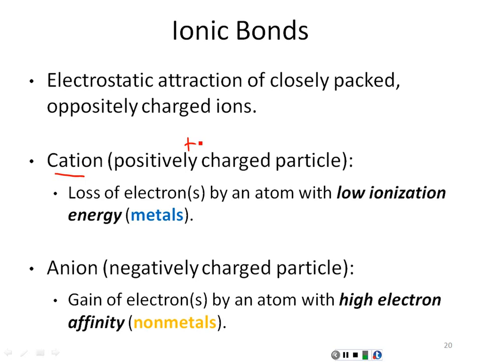Remember, metals have low ionization energies. And the anion is negatively charged, and this is due to elements that have high electron affinity, which, what does that mean? They're on the right-hand side of the periodic table, so they're nonmetals.